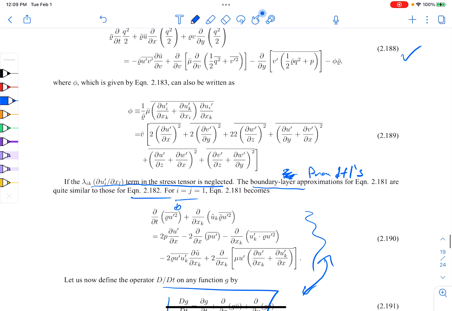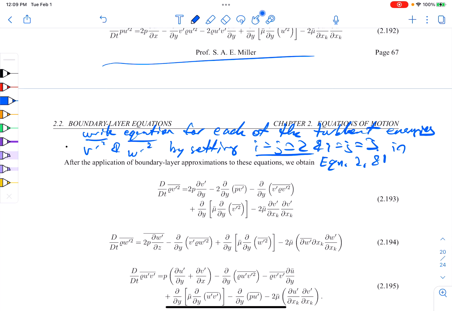Okay. Way down here again. And that's the Reynolds-stress.